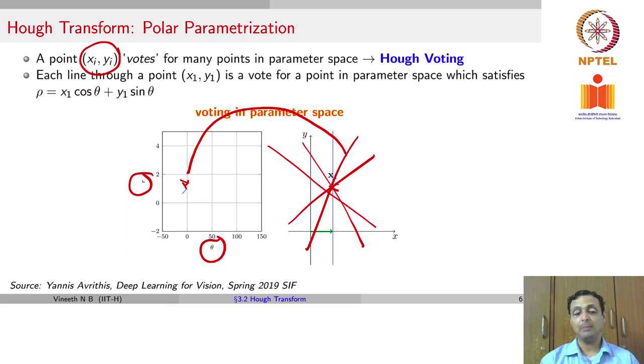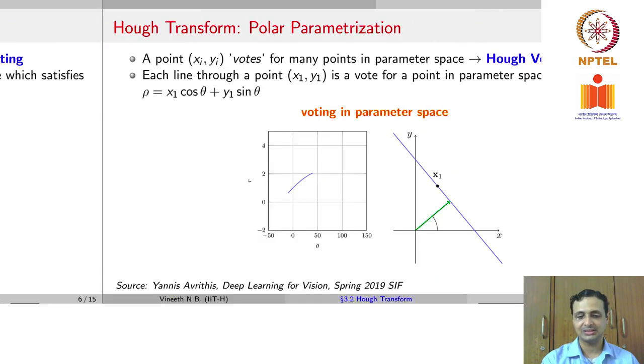So every point xy can vote for many points in your parameter space, which that particular point x1 could have been lying on. Each line through this point x1, y1 is a vote for a point in the parameter space which satisfies rho is equal to x1 cos theta plus y1 sin theta. Let's see a few examples.